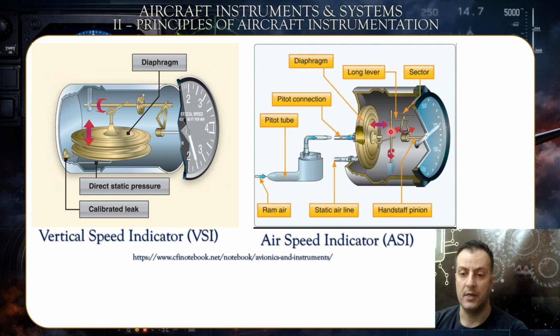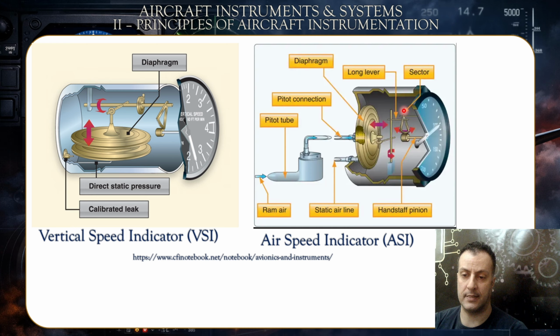So, as it pushes it, this is how it works. The ram air has a dynamic pressure, which is, by the way, the dynamic pressure, or Q, equal to 1/2 rho V squared. So as it pushes against the static air within the diaphragm, it will start rotating a lever that in its own turn will rotate the hand staff pinion through a gear.